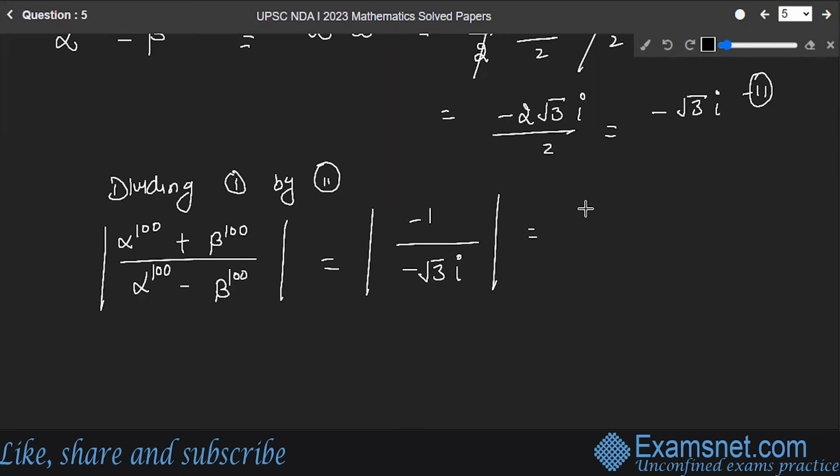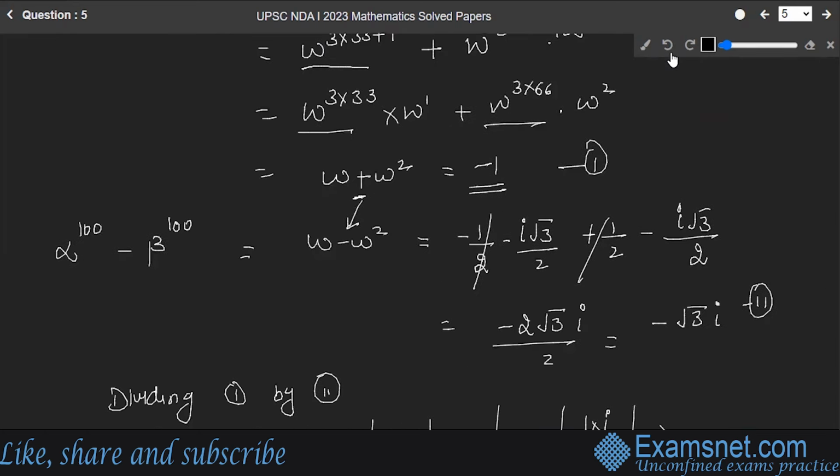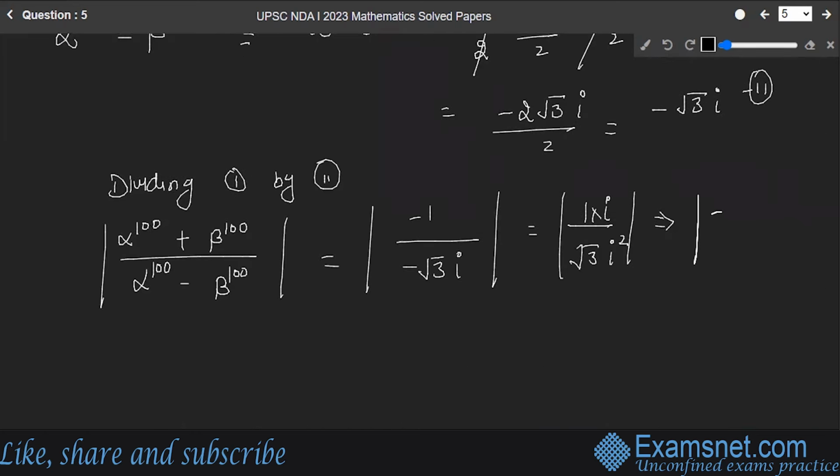Minus minus will cancel and you will have this. So multiplying the numerator and denominator with iota, this will be minus iota upon root 3. Right?